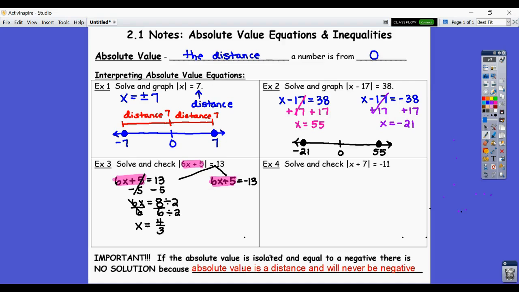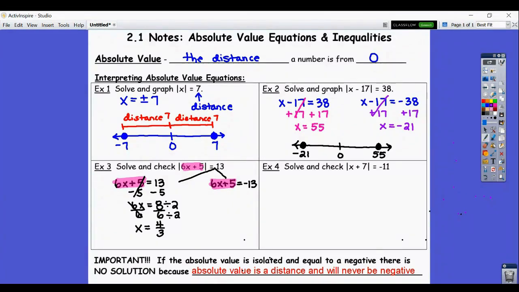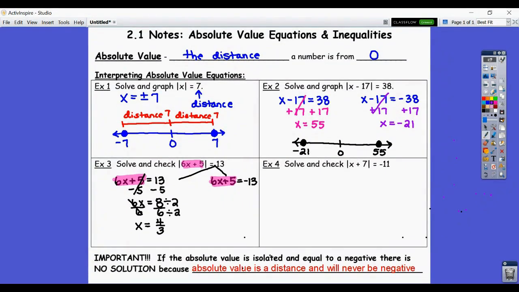Always put a simplified fraction. Over here, when I have the result of negative 13, it's still a distance, but negative 13 is still a distance of 13 on my number line from 0. So I subtract 5, 6x equals negative 18, divide by 6, and I get my answer to be x equals negative 3.